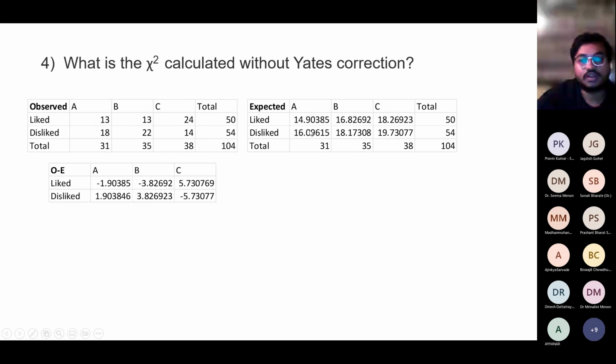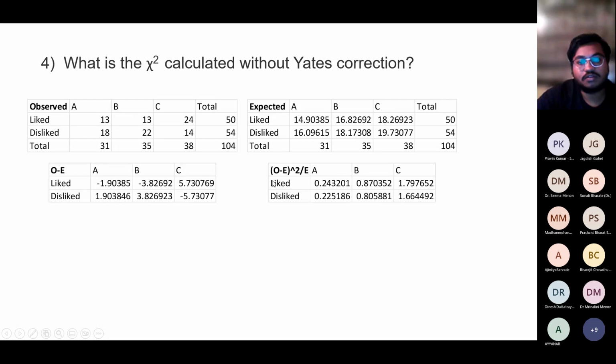So this is 13 minus 14.9, which is minus 1.9, 18 minus 16, which is 1.9. And then we calculate the observed minus expected squared divided by expected. That's how we get all these 6 values. Then we add them up to get the chi-square value, which in this case is 5.6. Is that clear?